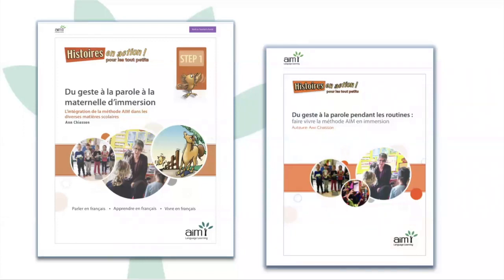You have the basic core kit, but in addition, you have an online interactive teacher's guide with embedded videos and images to help you understand how to take AIM out into other subject areas such as math, science, social studies, art, and so on. In addition, there is also another teacher's guide that gives you some lovely ideas for routines in your immersion classroom.